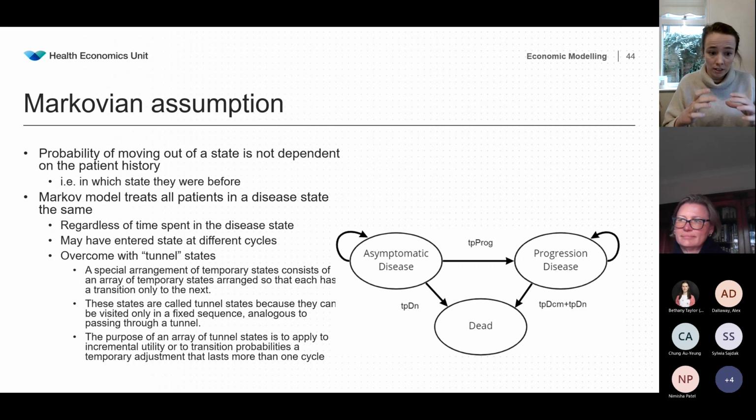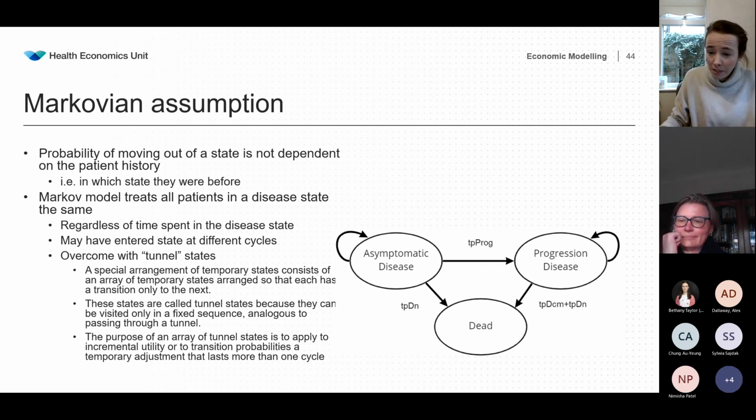Everyone within the state is treated the same, and whatever other states in the diagram they were in before isn't taken into account. Every restarting of the cycle, it doesn't have any memory of where you were before. So regardless of how long you've had COPD or cancer, or whether you have traveled through other states on your way to that circle, isn't accounted for.